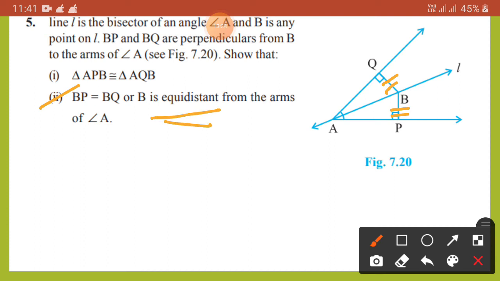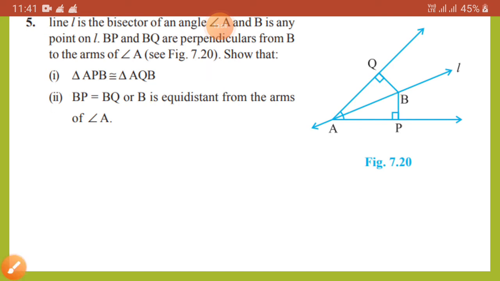So the distance from B to P and from B to Q is the same, we have to prove. That's why it is written here as equidistant. So we prove the first part first.